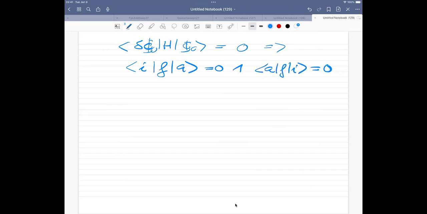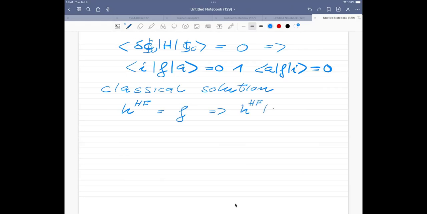And this is the classical way by which we implement this. The classical solution is to assume that this Hartree-Fock operator is equal to F, which means that when this H Hartree-Fock acts on one of these states, P, this is equal to epsilon P Hartree-Fock, or P here.